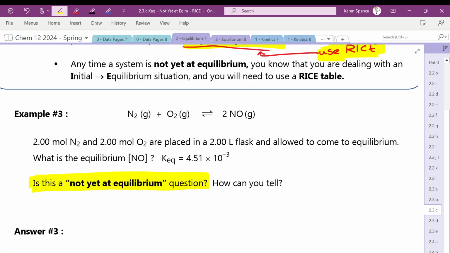What do you guys think? Are we at equilibrium or are we not yet at equilibrium? We are not at equilibrium. How can you tell?